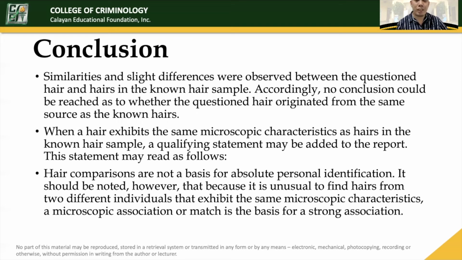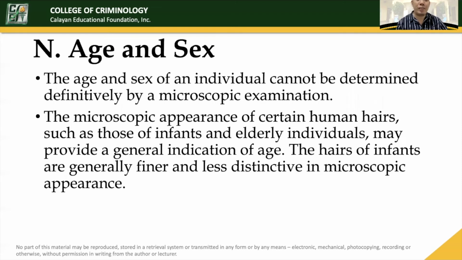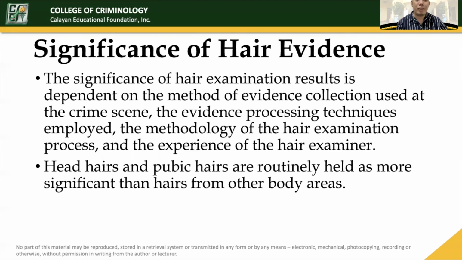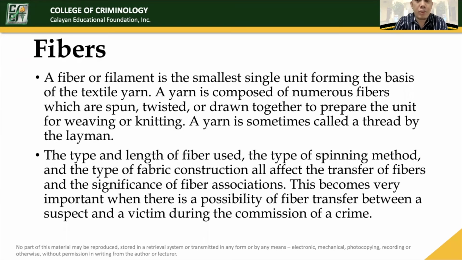So that means you still need to use a microscope in order to compare yung sample at saka yung standard. Okay? Alright, so this time let us talk about fibers.